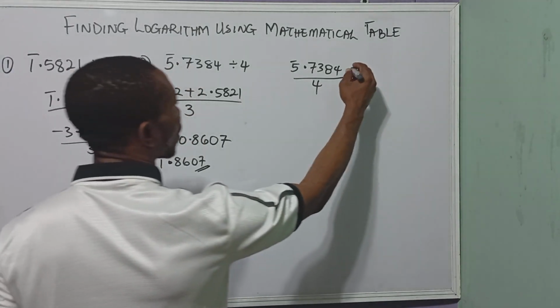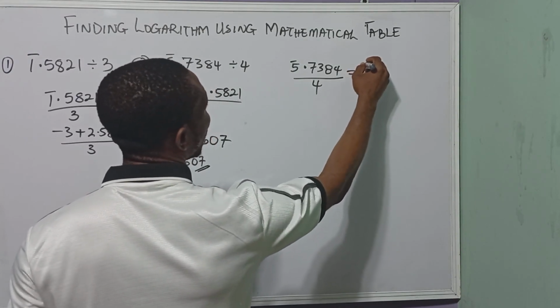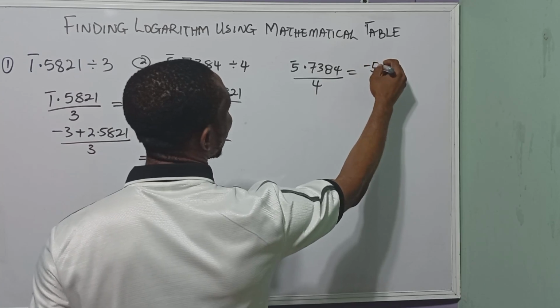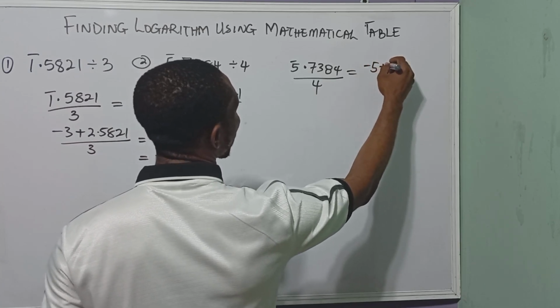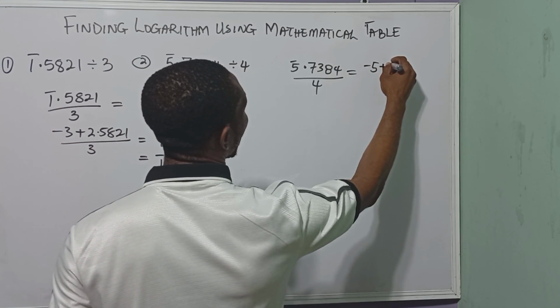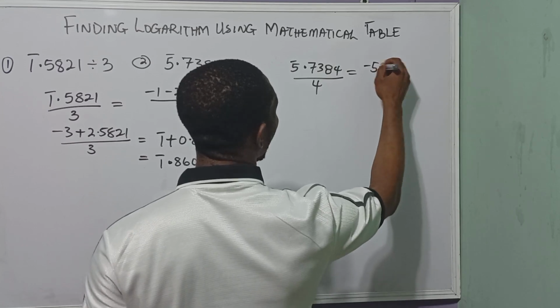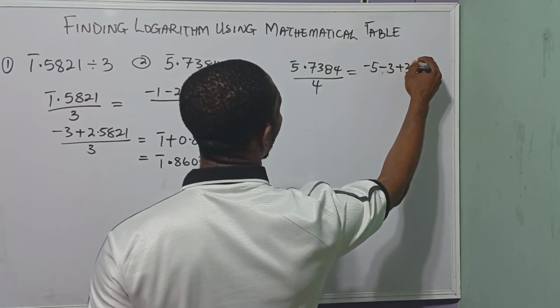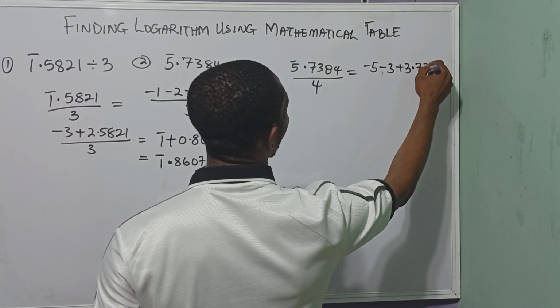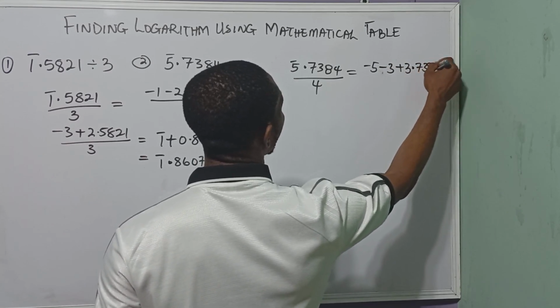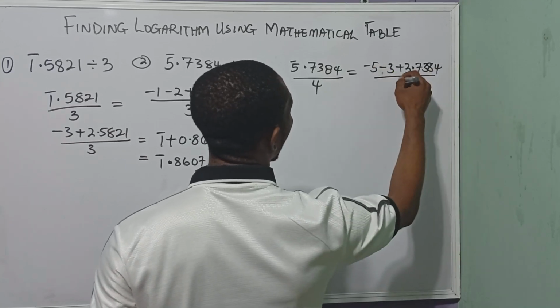If we introduce a catalyst here, this becomes minus 5 minus 3 plus 3.7384 divided by 4.